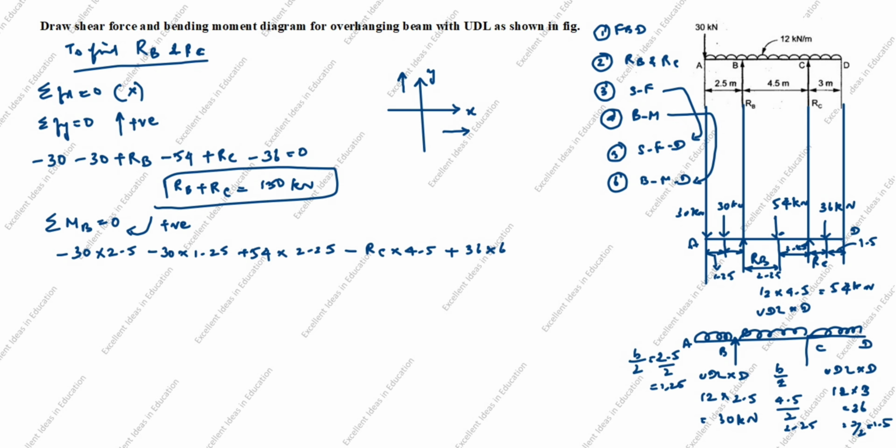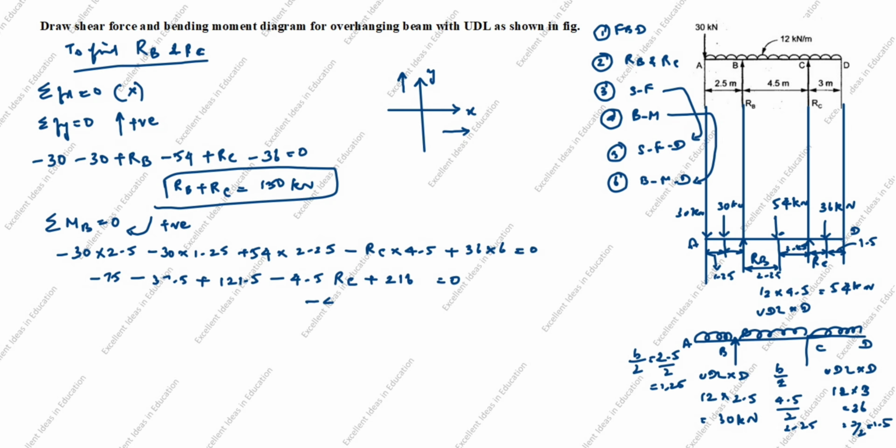Minus 30 into 2.5 is minus 75. Minus 30 into 1.25 is minus 37.5. Plus 54 into 2.25 is 121.5, minus 4.5 RC, plus 36 into 6 is 216, equal to 0.